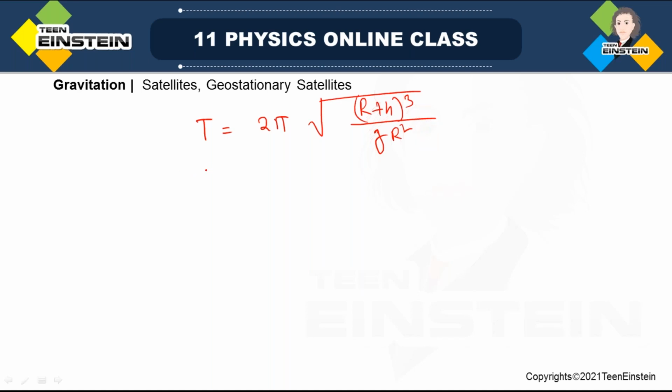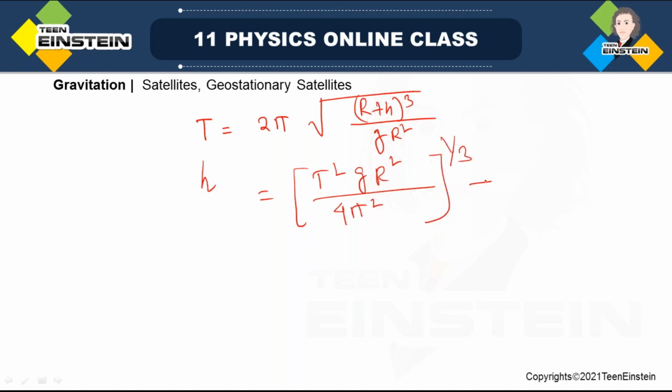And using this equation we have calculated the height. The height we have got is t square g r square divided by 4 pi square, whole to the power 1/3, and then minus r. So this is the height we have got.